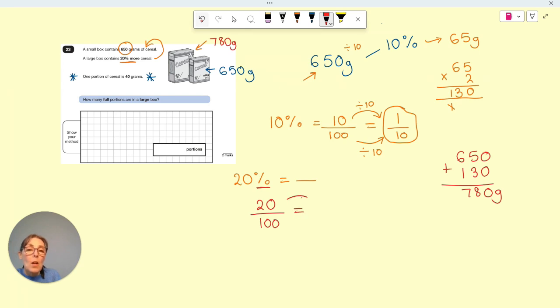Now I know that I can divide the top and bottom by 20. 20s into 20 is 1. 20s into 100 is 5. So I could have found 1/5 of it. It might have been a choice you'd made. I could have done 650 divided by 5 to find one part. And I've still got 130.